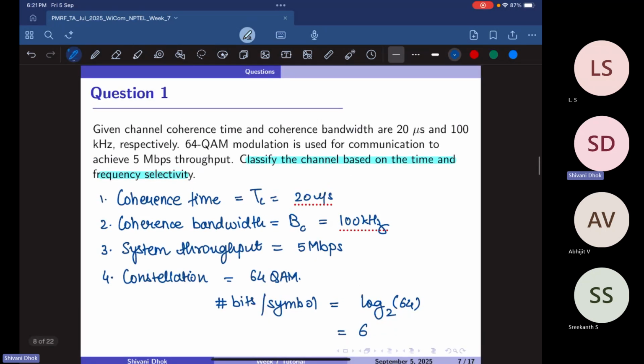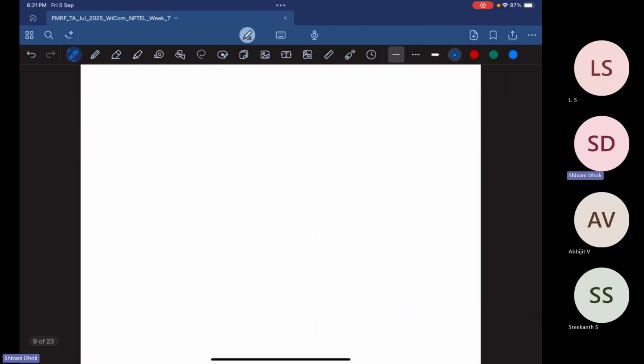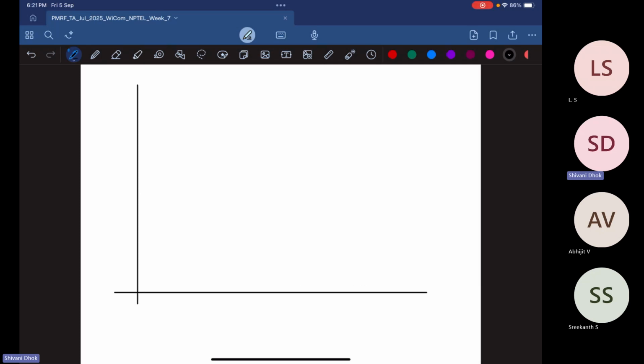Okay. So in last week's lectures, we had drawn a diagram which was something like this. Here we had symbol duration on the time axis, and the vertical one was the signal bandwidth.